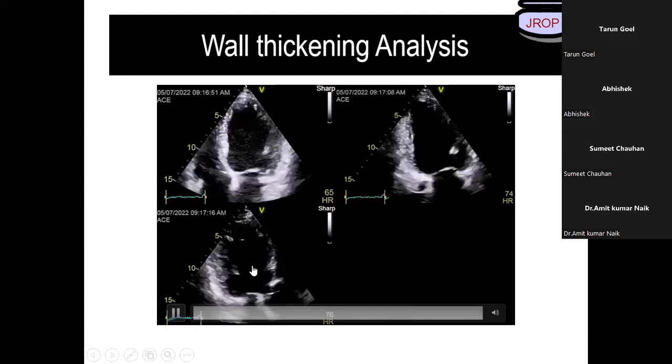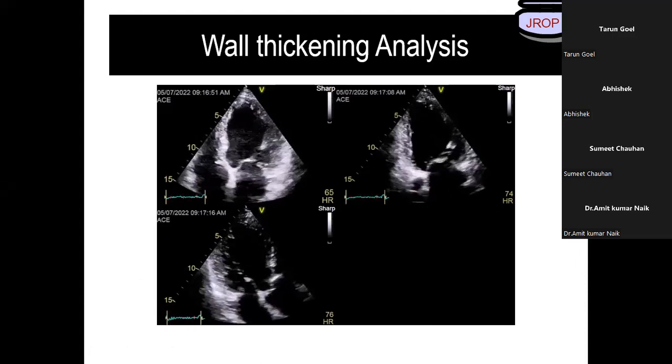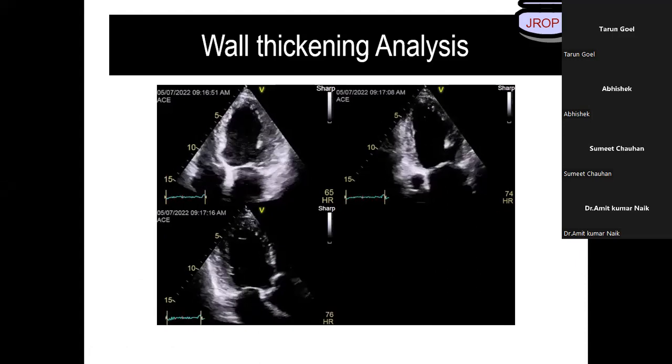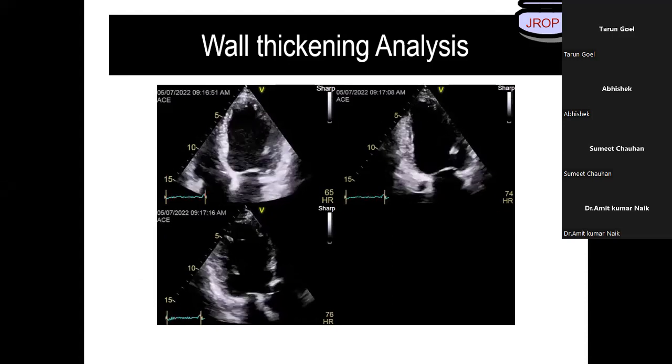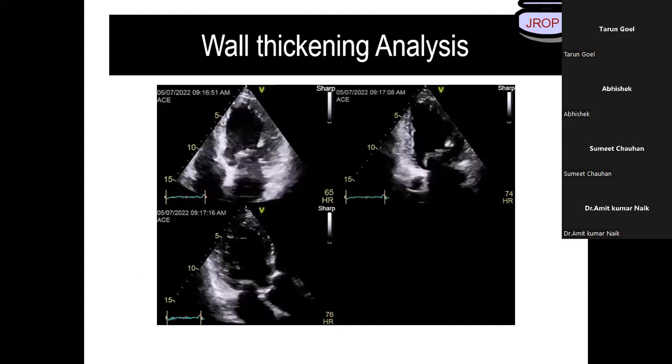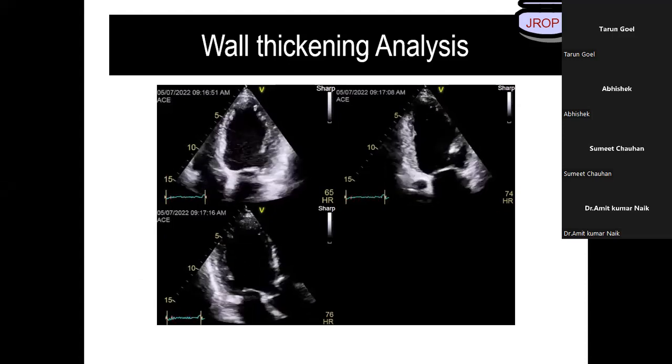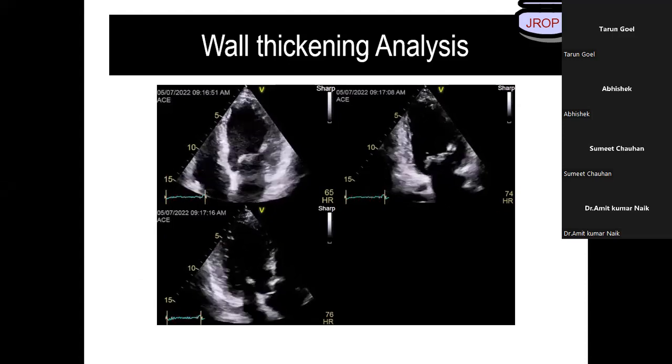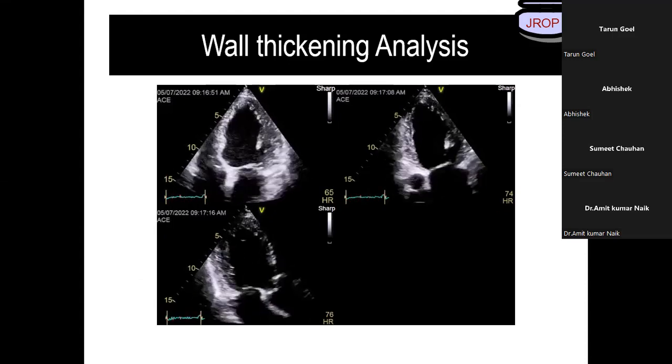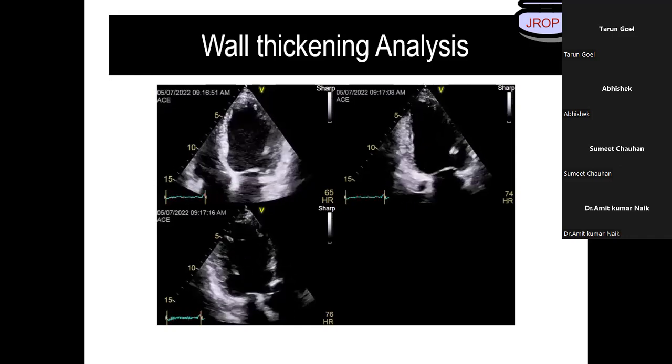In 4 chamber view, sir, mid and basal IVS, basal IVS is akinetic. It is thinned out, and mid IVS is hypokinetic. Rest lateral wall and apex is contracting normally.